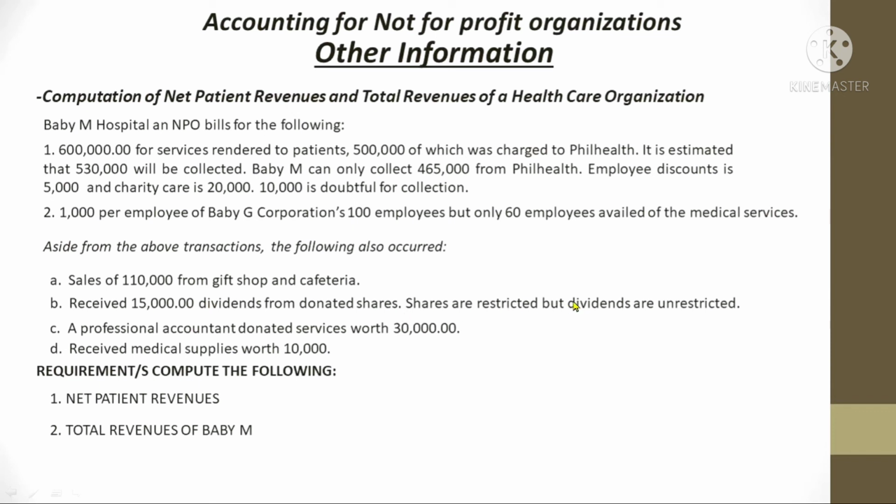Shares are restricted, but the dividends are unrestricted. And letter C, a professional accountant donated services worth 30,000. And lastly, BBM Hospital received medical supplies worth 10,000.